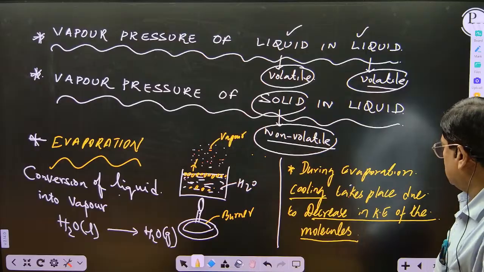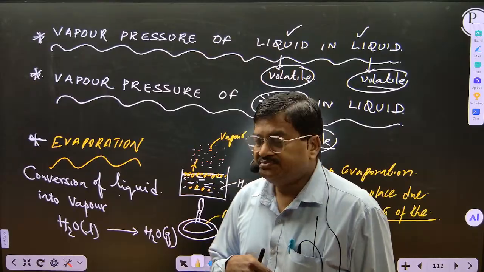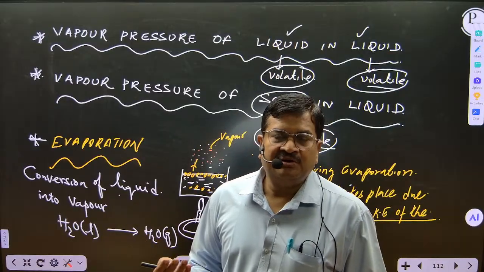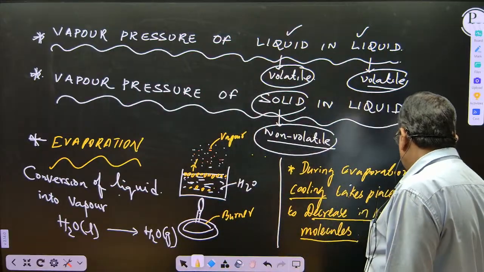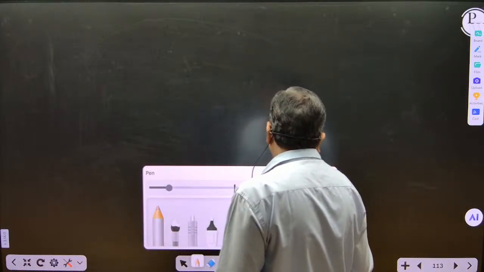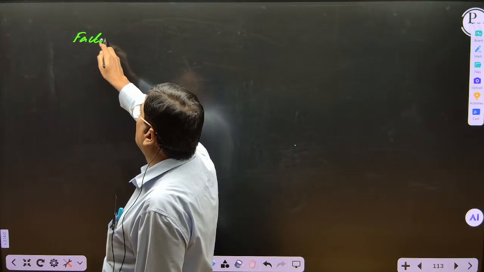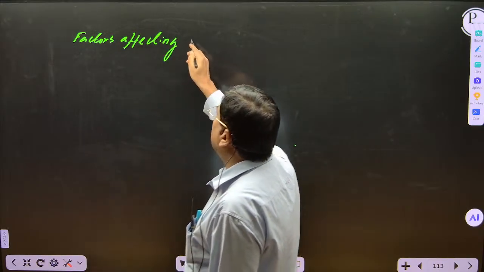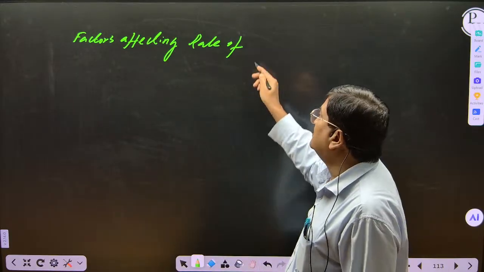What factors will influence the rate of evaporation? What is meant by rate? How much amount of vapor is coming out in a unit interval of time is called the rate of evaporation. Are you following, students? In the exam, conceptually, they ask about the rate of evaporation. Rate means how fast vapors are coming out.